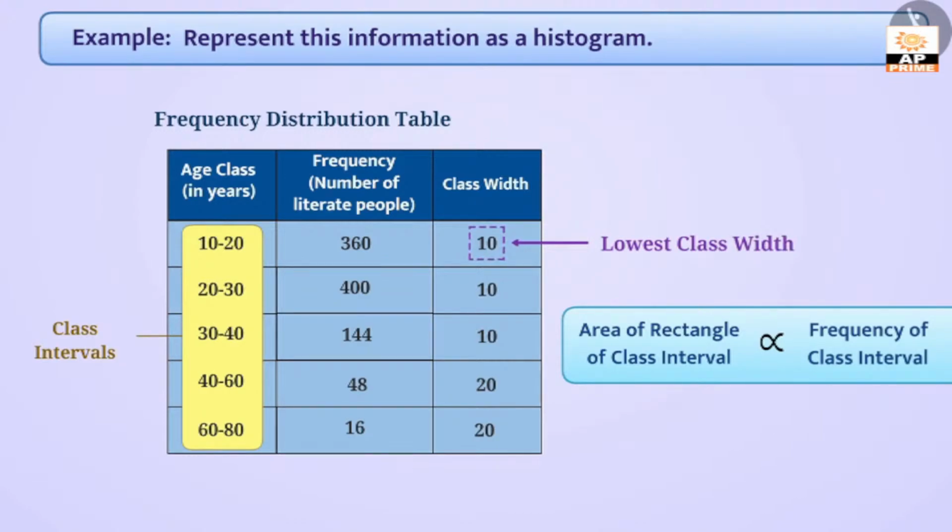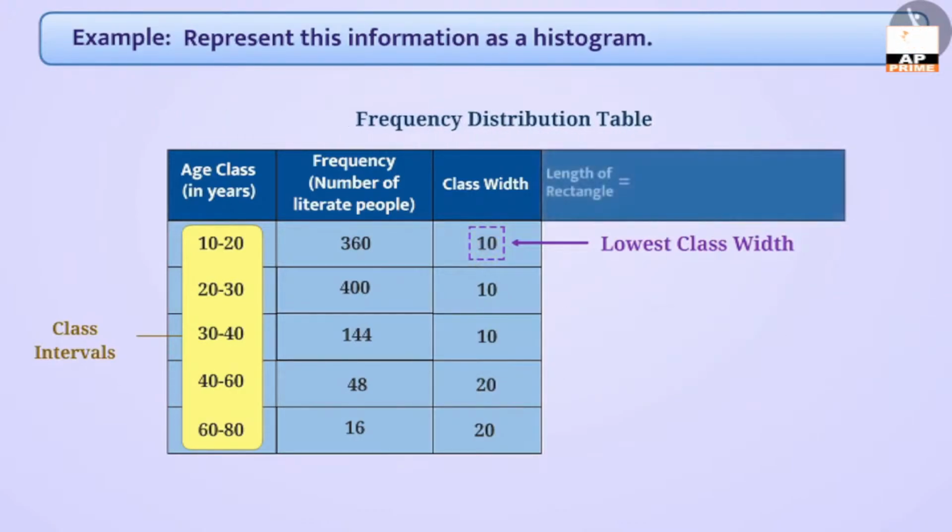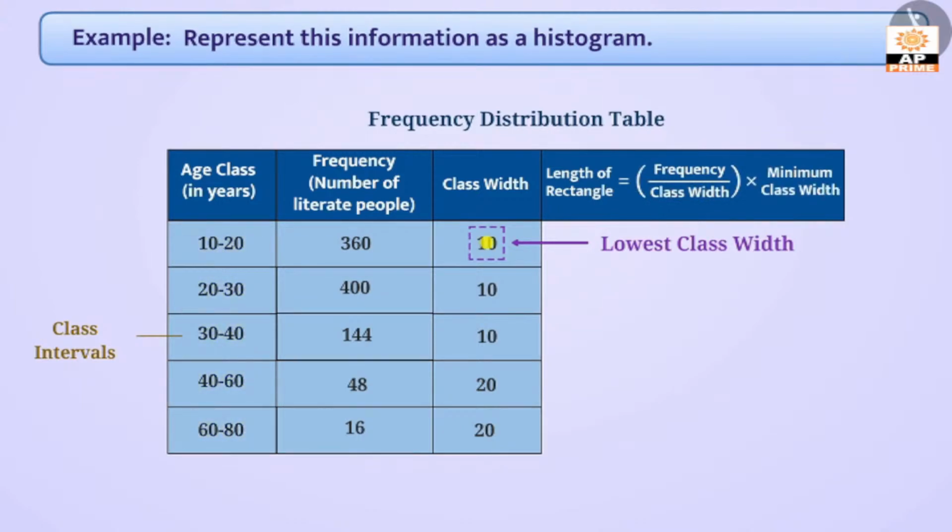Now, we will change the lengths of the rectangles in such a way that class width is proportional to 10. For this, we will divide the frequency of each class interval by its class width and multiply it by the minimum class width of 10.